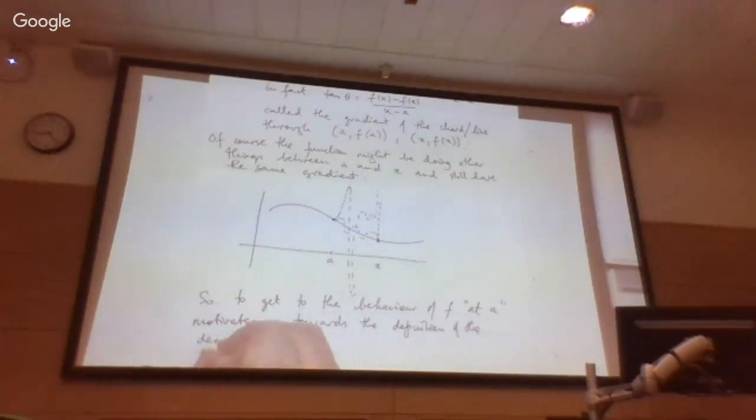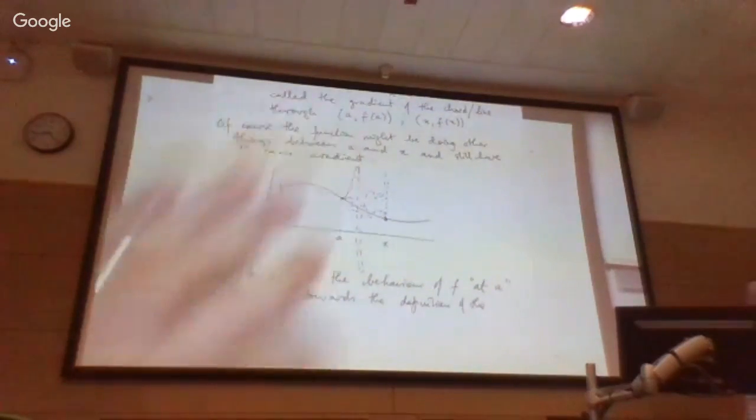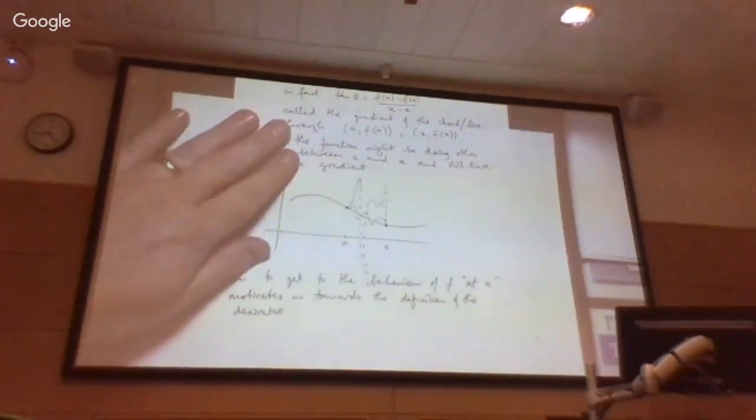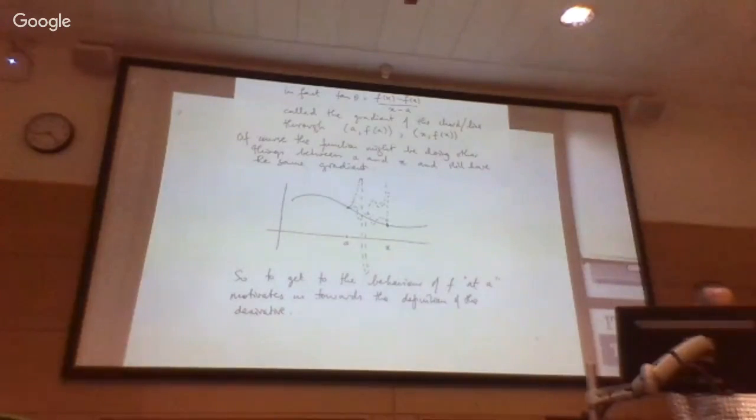And we have in our arsenal the idea of the limiting value of the function. So we simply take the limiting value of the gradient. This is in the notes, definition 4.3.